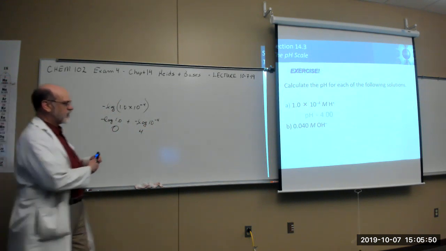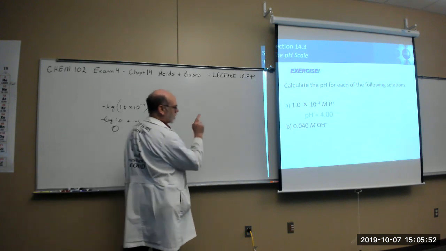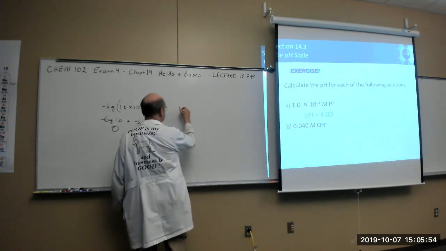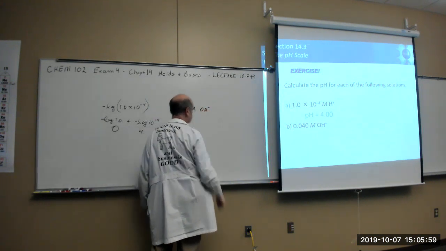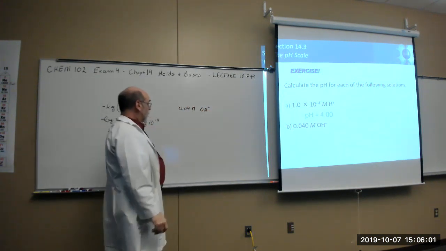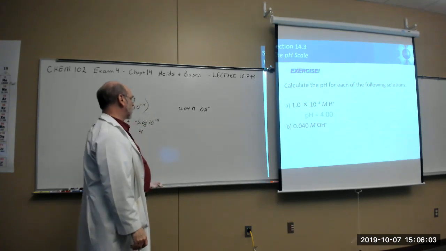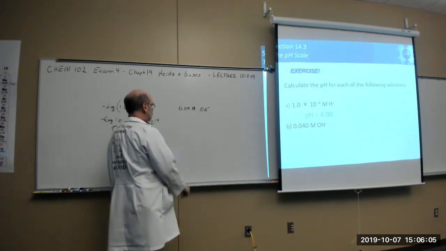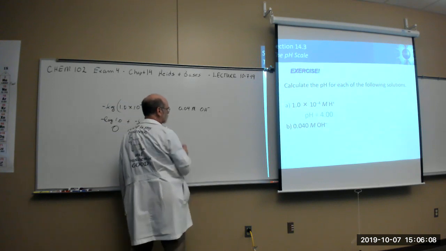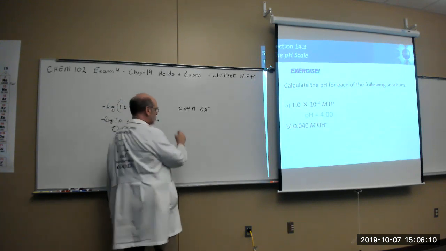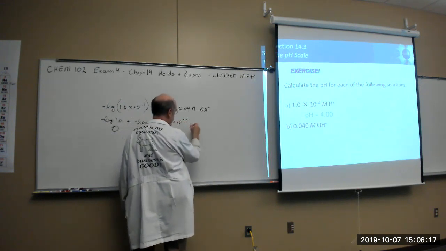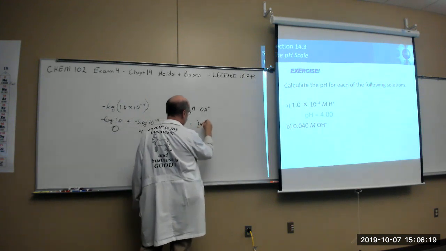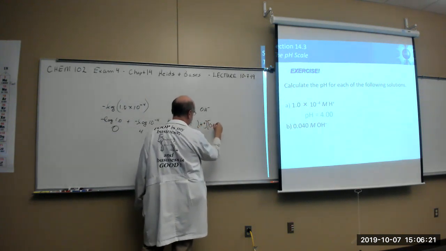How about the pH of 0.04 molar hydroxyl? Well, there are a couple of ways you can approach this. One is you can convert that to hydrogen ions. Remember, 10 to the minus 14th is our K value, and that's equal to hydrogen ions times hydroxyl ions.